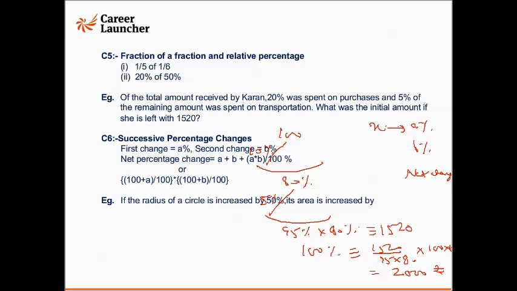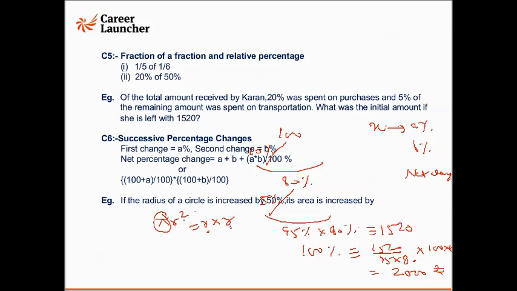If the radius of a circle is increased by 50%, its area is increased by how much? Now you know that the area of a circle is pi r square, correct? Pi is constant, so there is no increase in it. R square is nothing but R into R, so there will be two percentage increments in this.